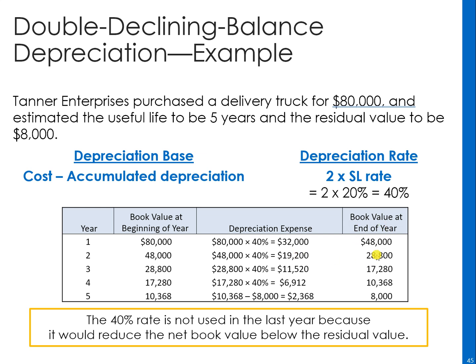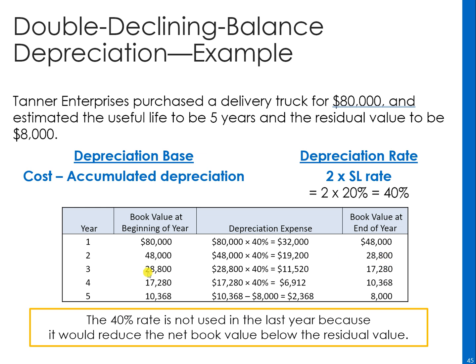And the remaining book value will be lowered by this year's depreciation, because our accumulated depreciation now is larger. That's 32,000 plus 19,200, together that's my accumulated depreciation. And 80,000 less that number equals 28,800.